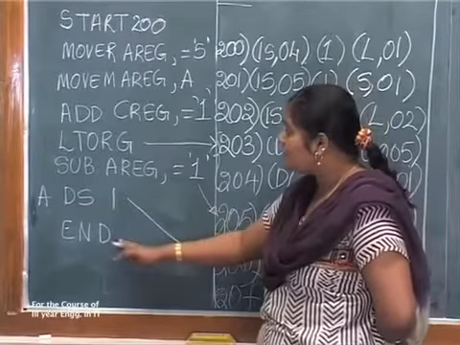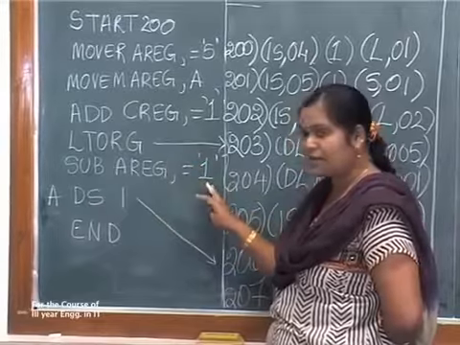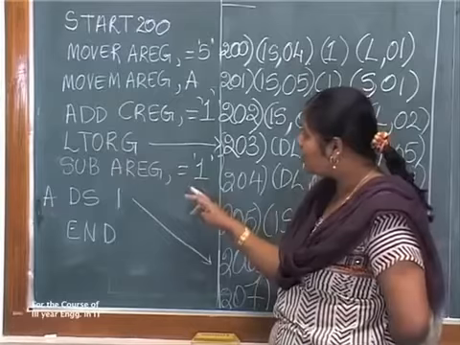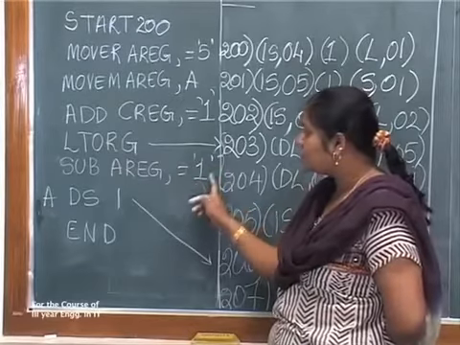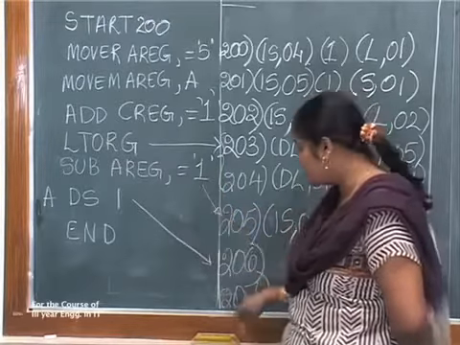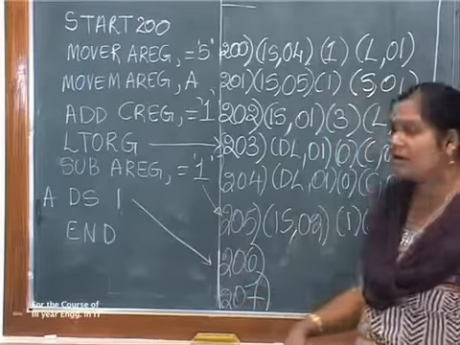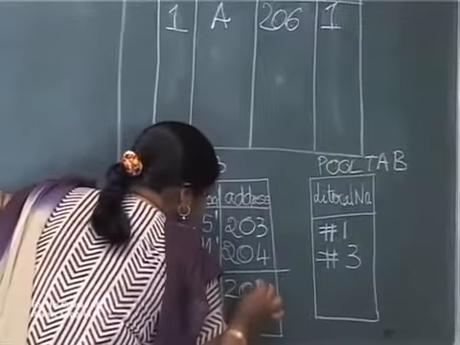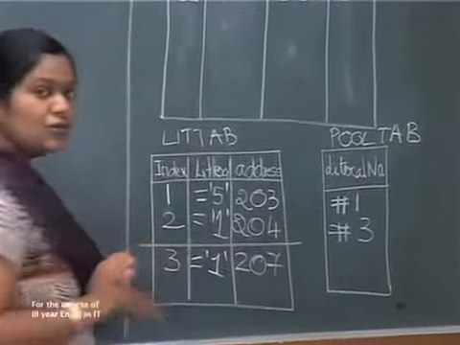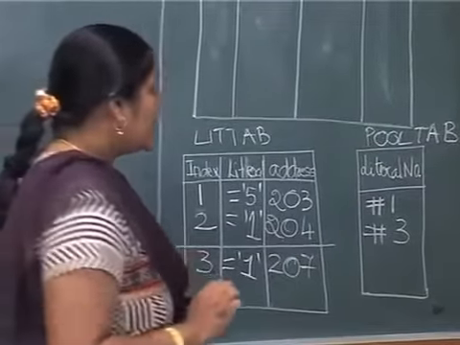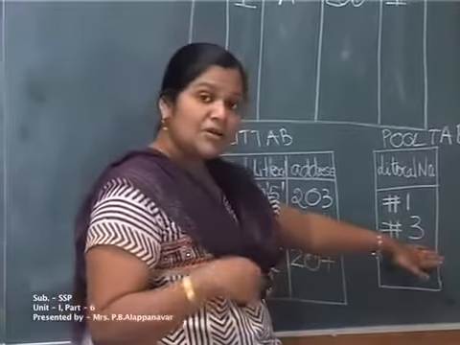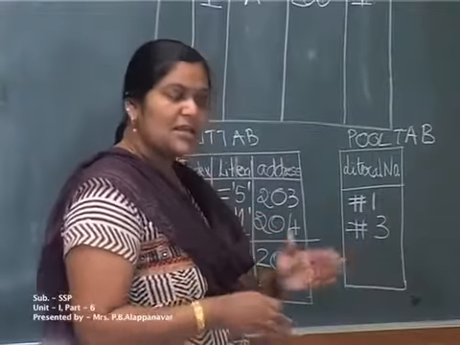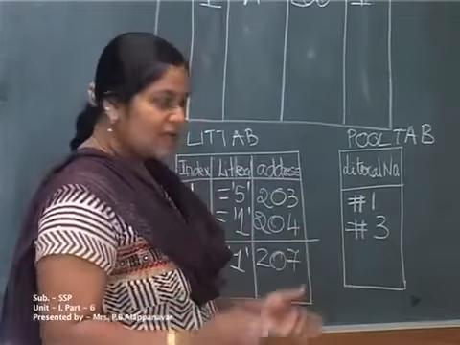There is only one literal that has been encountered in our program after the LTORG statement, and that is why we are going to associate an address to only this literal. The obvious address associated will be 207. So looking at our literal here you will have it at location 207. Now we have encountered the END statement, so we are not going to have a new pool started because the program has ended.